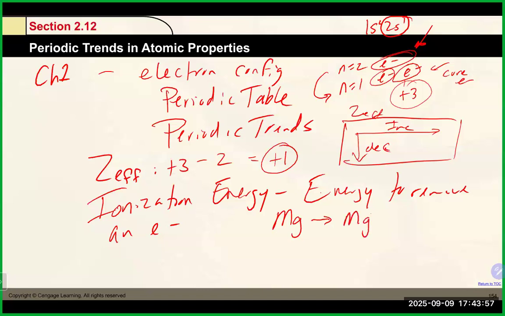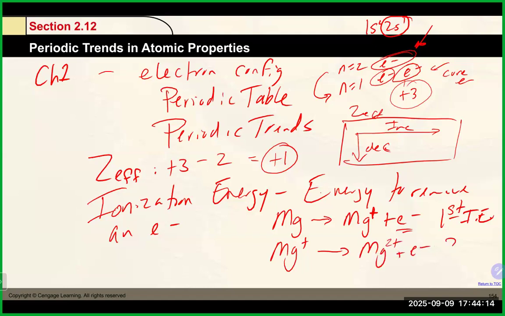So the first thing that would happen is this magnesium would lose one electron on the product side there. And that would be the first ionization energy required to do that. Then what would happen is this guy that has lost one electron would then dump off a second electron, and that is the second ionization energy, and obviously third electron, third ionization energy, and so forth.